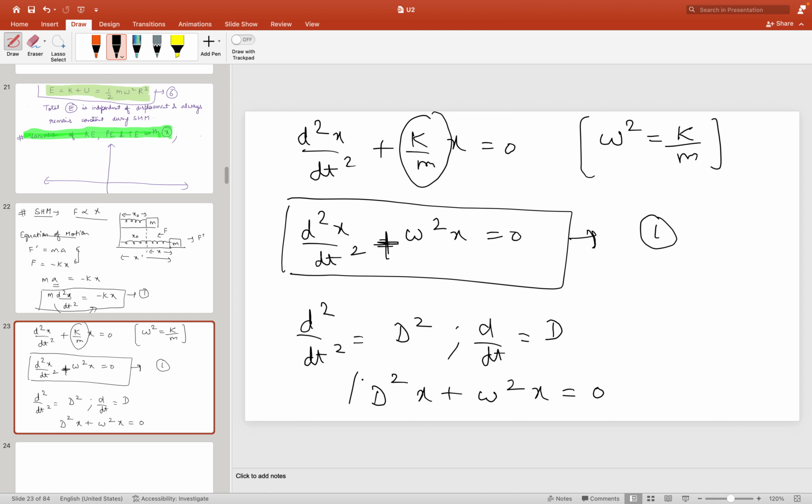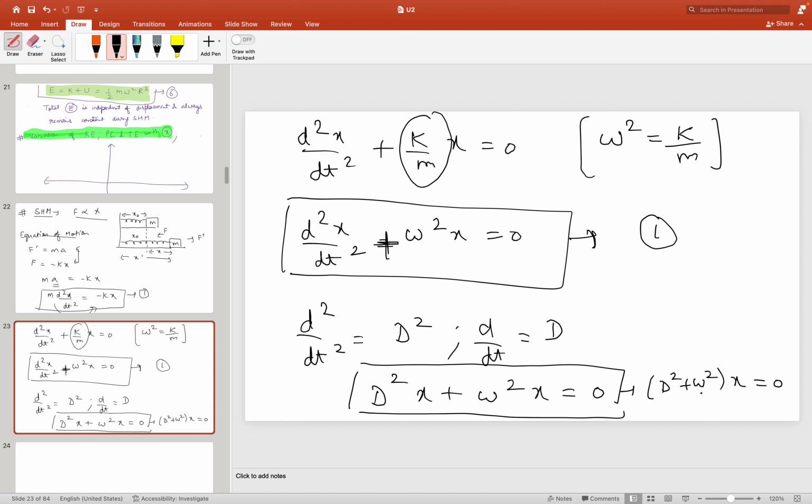I can take x common, so it will be written as D square plus omega square times x is equal to 0. Simply x cannot be equal to 0, because then there would be no displacement and the whole equation would become invalid. So we take the coefficient D square plus omega square equal to 0.